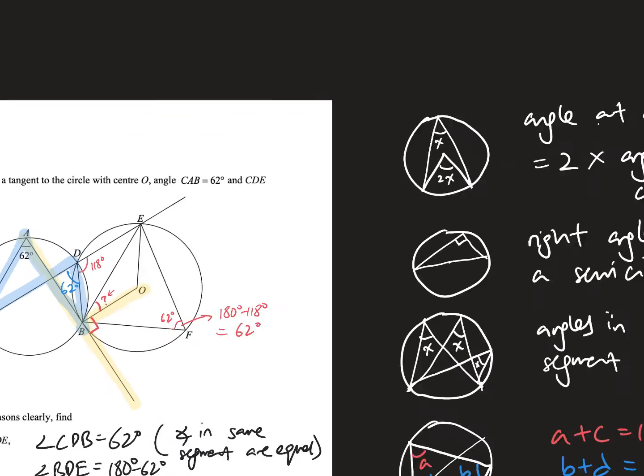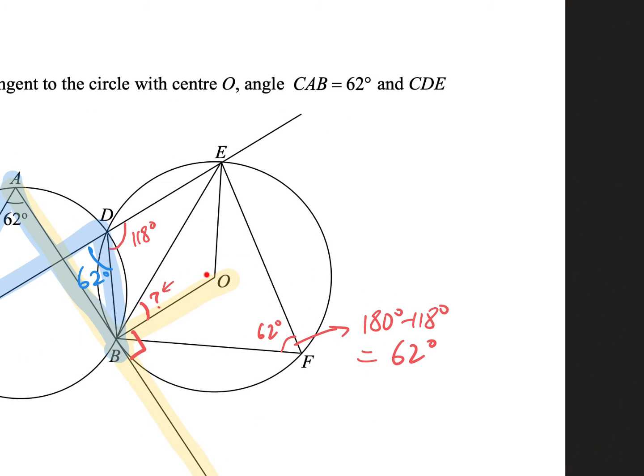So the angle at the center over here must be 62, the angle at the circumference, times 2, which gives me 124 degrees.